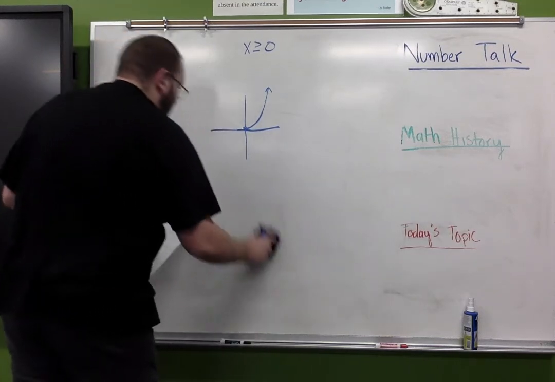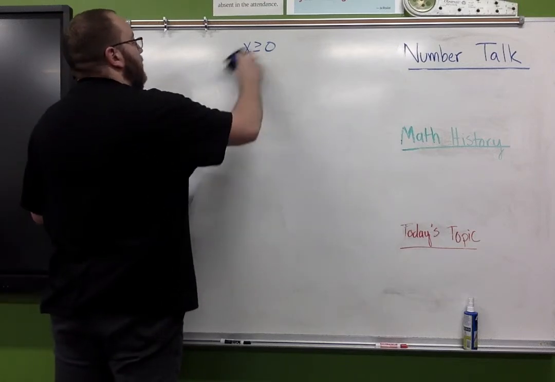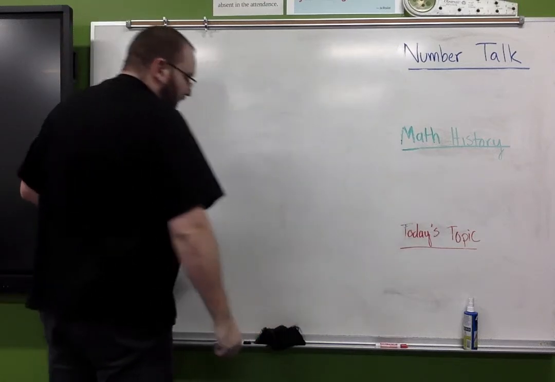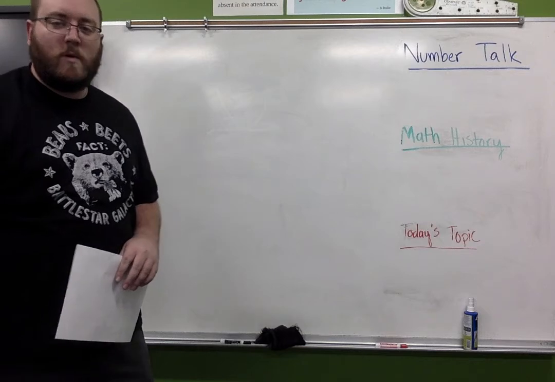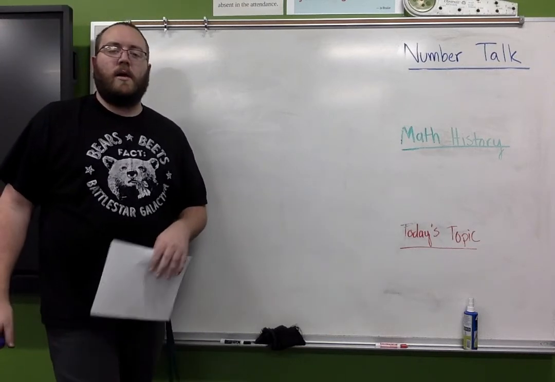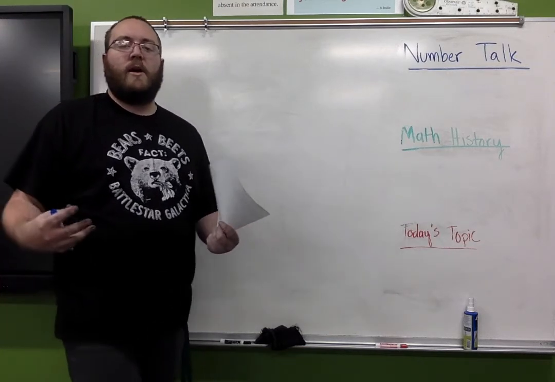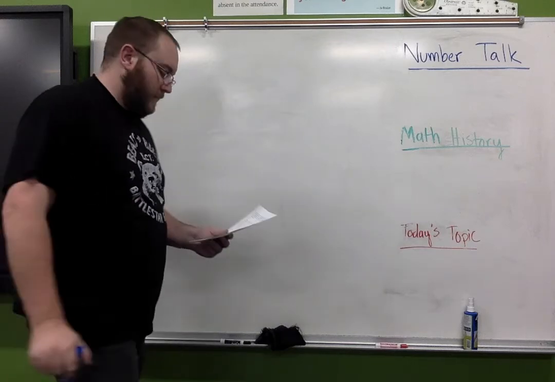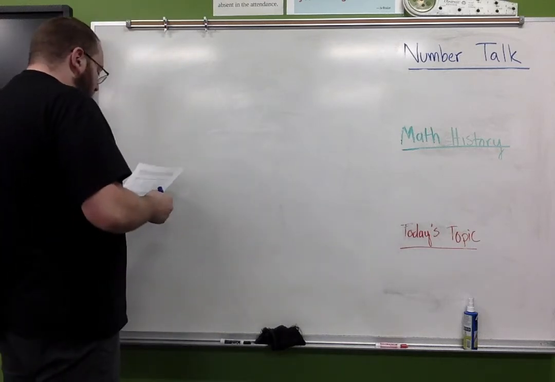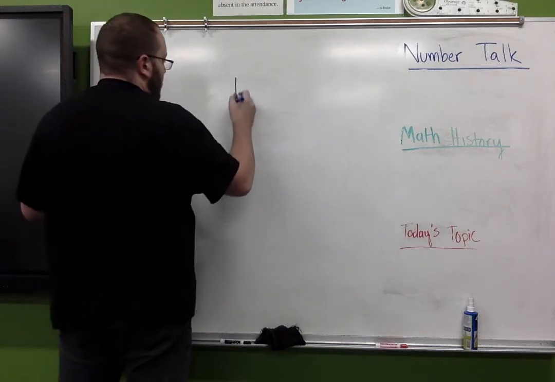Okay. Now, last little bit is how to determine if a function is an inverse of another one graphically. So how do I determine if two graphs are inverses? Well, let's look at our parabola again.